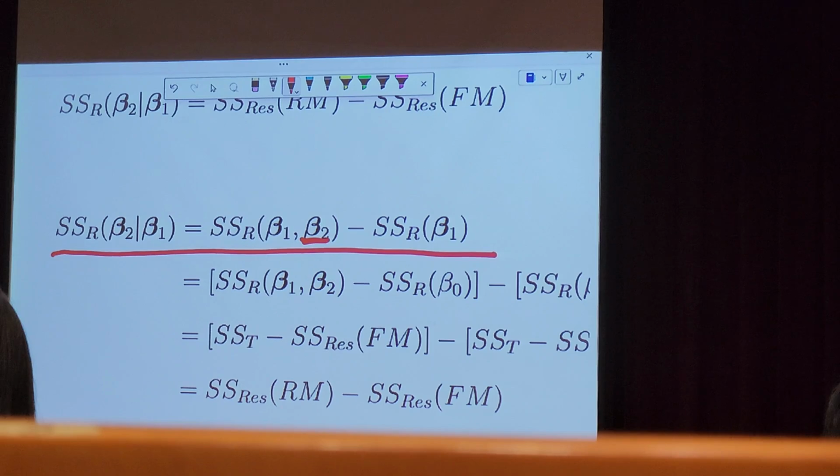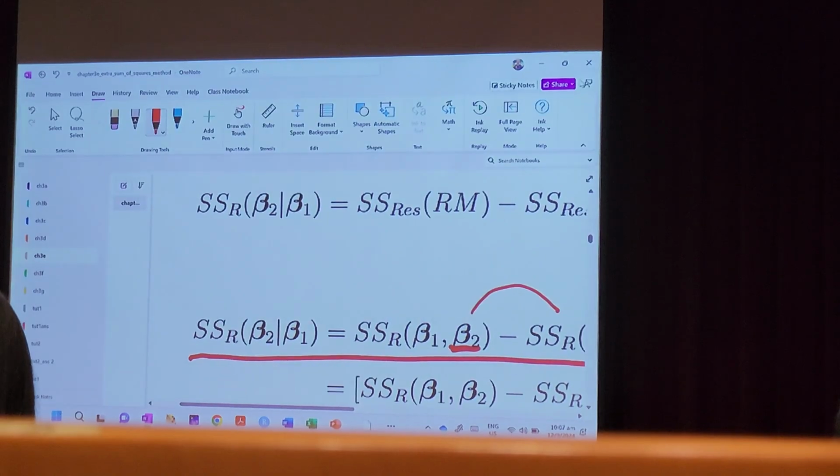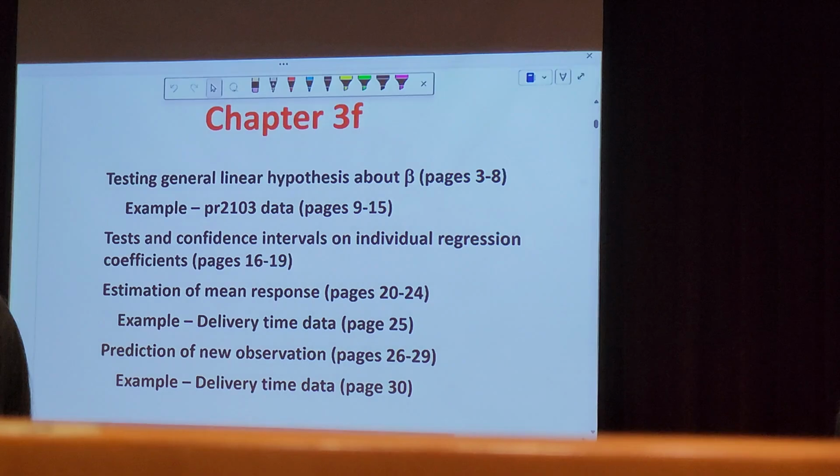If it causes a big increase, then beta 2 is useful. If you introduce beta 2 and these two are quite similar, it causes a slight increase, then beta 2 is useless. Then we will stay with the reduced model. So that's the idea of the extra sum of square method.